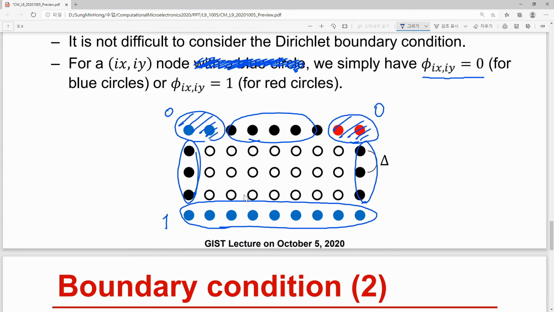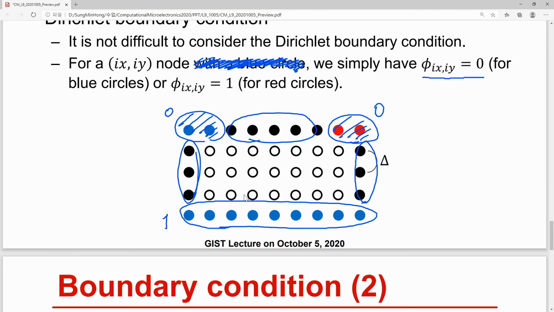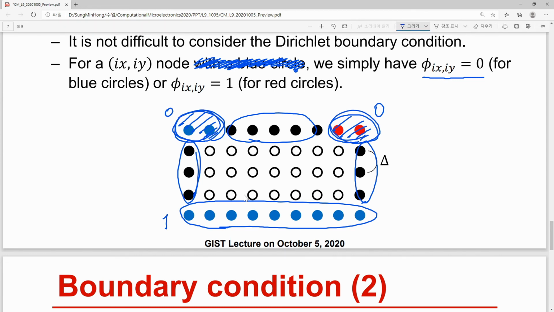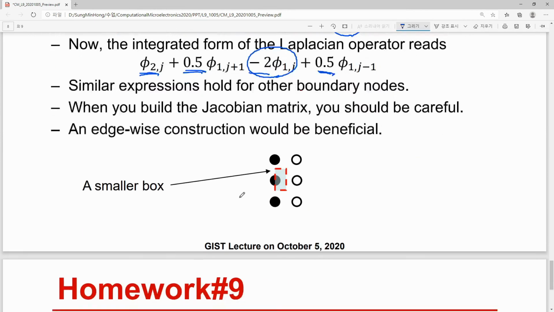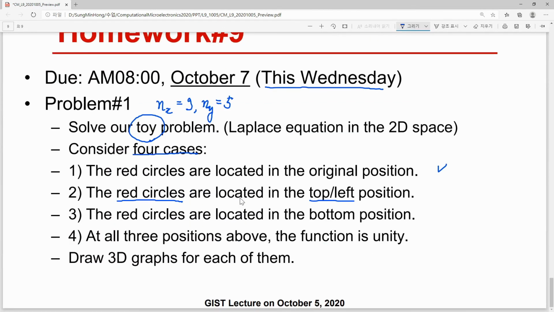So up to now, I just propose to solve 3 different Laplace equations with different boundary conditions, each of them corresponding to this one becomes 1, this one becomes 1, or this one becomes 1. And finally, all 3 positions or all 3 contacts are biased with number 1.